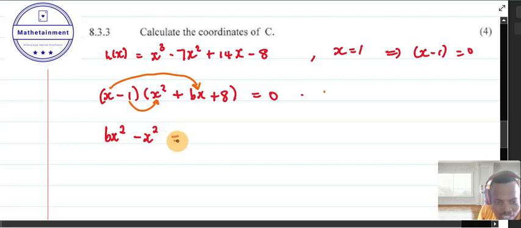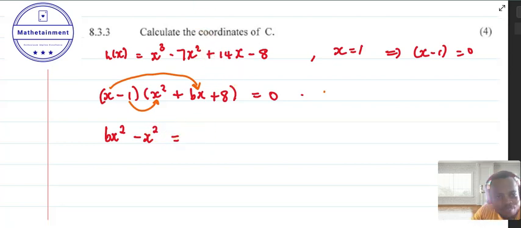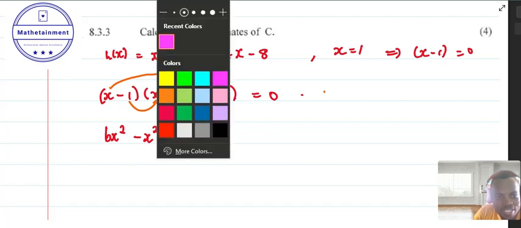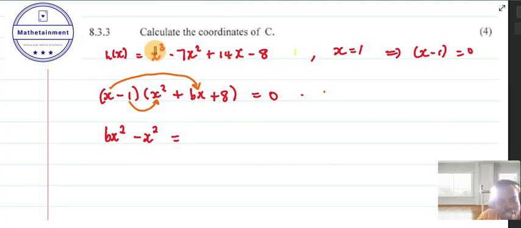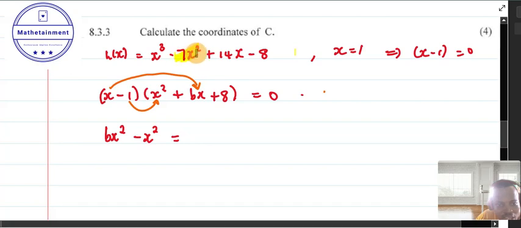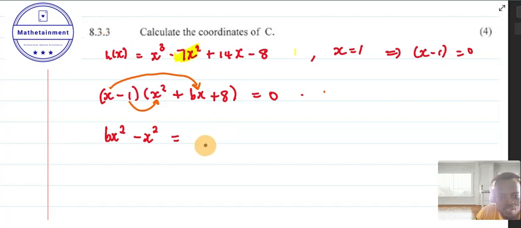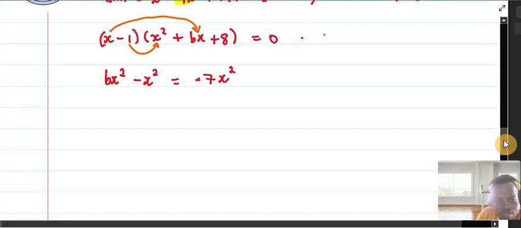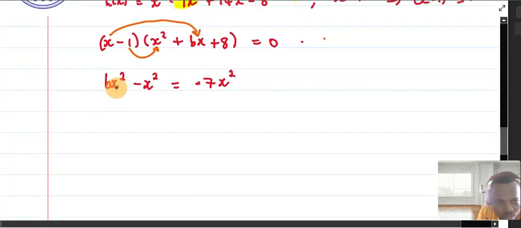You equate it to the part that consists of x squared on the cubic function, which is minus 7x squared. So that means this one is equal to minus 7x squared. Okay, here you see that you have x squared. That means we can factor out x squared.